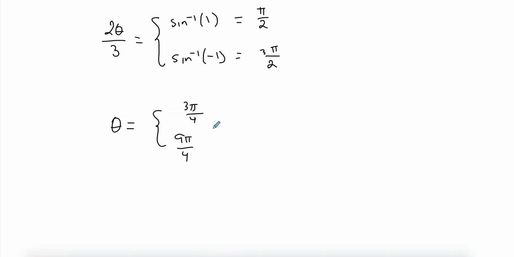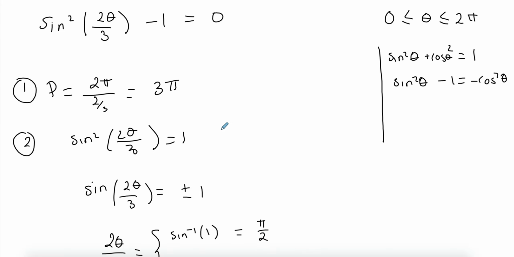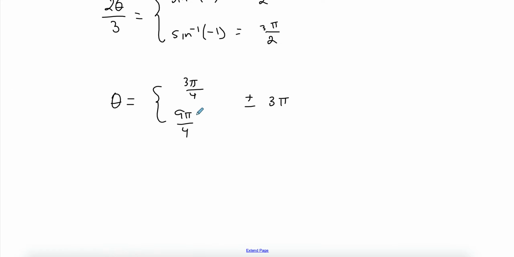Now, what we could do is add or subtract 3 pi, our period, but you will soon notice that we will be out of the domain, so it won't make sense. 9 pi over 4 is already not within the domain. If I add 3 pi, it's going to be even further out of the domain. If I subtract 3 pi, it's going to be out of the domain as well. So it's not going to work.